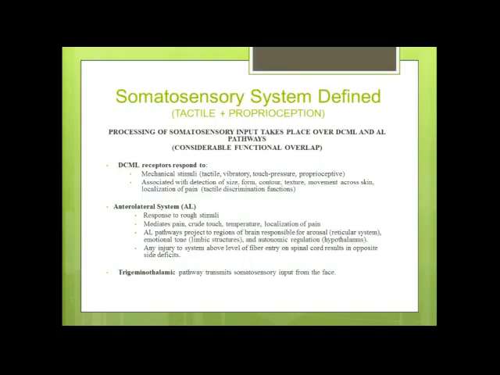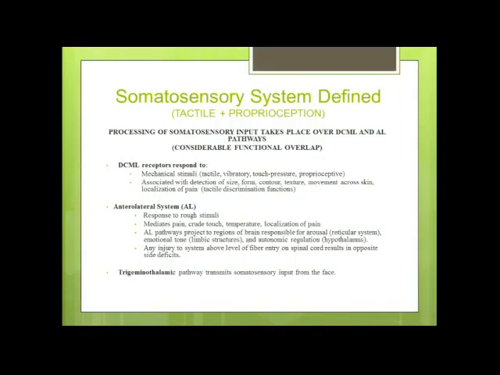The anterolateral system tends to respond more to rough stimuli, and it mediates pain, touch, temperature, and it does also participate in localization of pain. AL pathways project to regions of the brain responsible for arousal, in particular the reticular system, and there are direct connections with the limbic system to provide emotional tone and the autonomic regulation system.